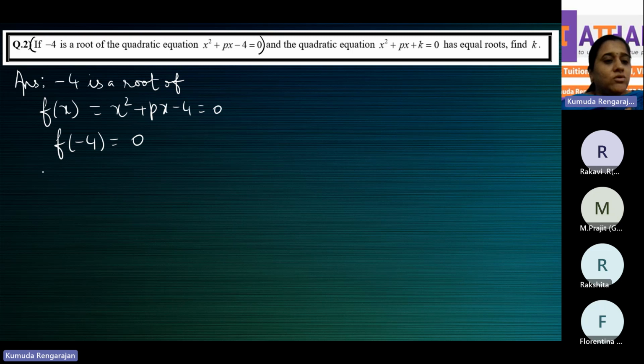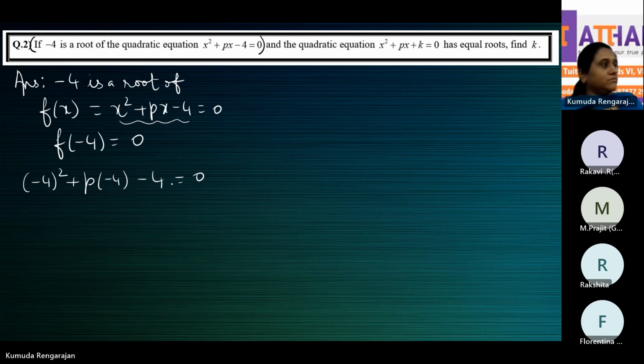Now, how do you find f of minus 4 in the quadratic polynomial? Wherever you have x, use minus 4. So it will be minus 4 the whole square plus p into minus 4, minus 4 is equal to 0. See, nothing to get confused.